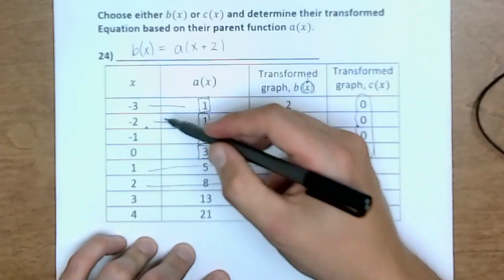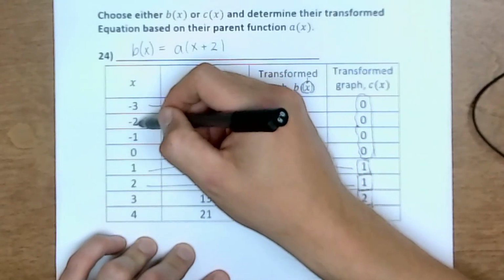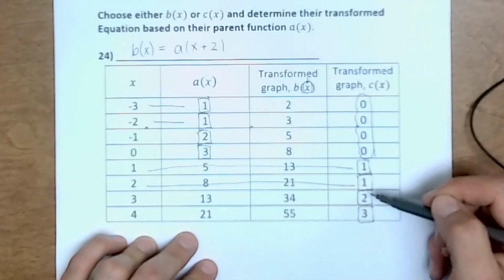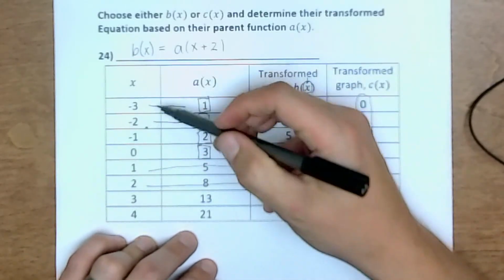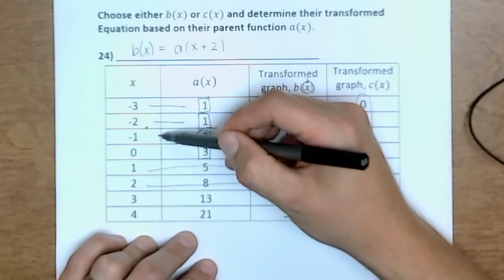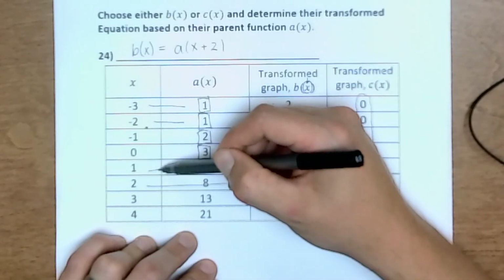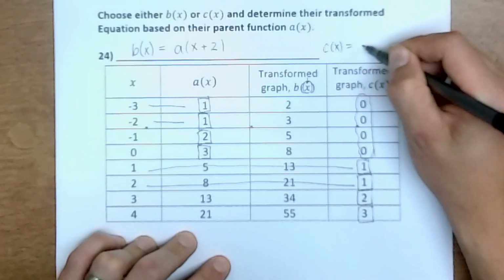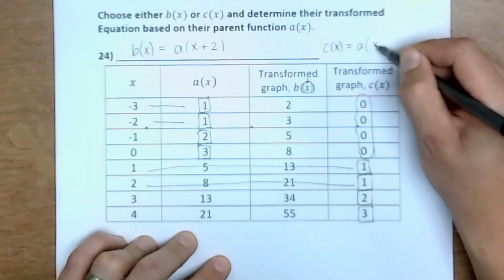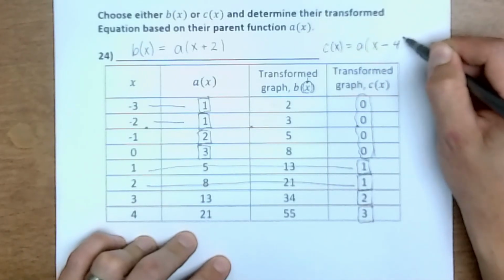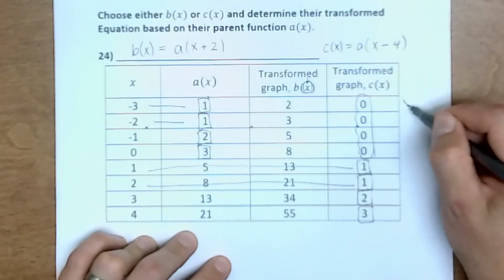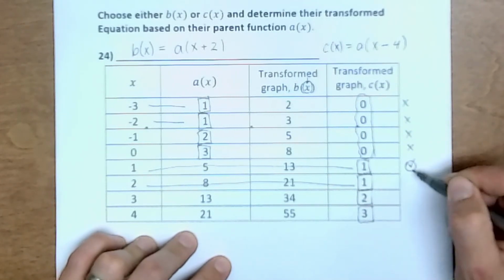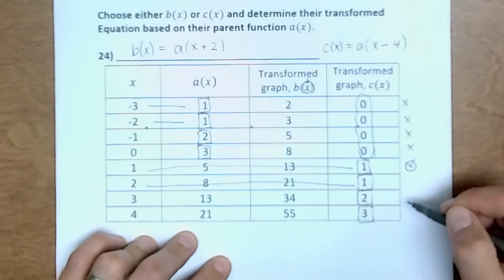Carl's numbers do not normally happen at -3 and -2 and -1. They happen at 1 and 2 and 3, which is an offset of 1, 2, 3, 4 rows. So c of x is equal to Abraham, but I would need to shift it 4 rows away, because it doesn't happen here or here or here or here, but starts to happen 4 units later.